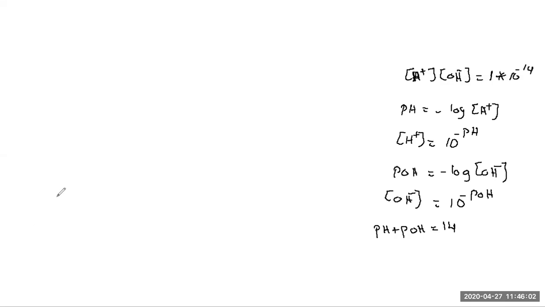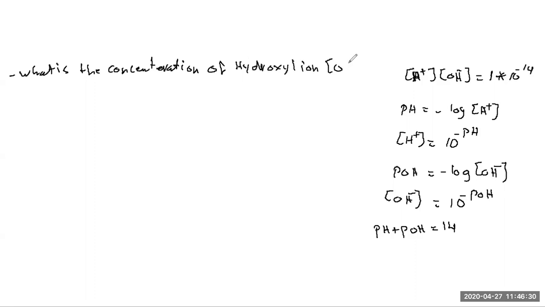Okay, now let's look at this example. What is the concentration of hydroxyl ion, which is OH negative, in a solution that has H positive equal to 1 times 10 to the power negative 6?